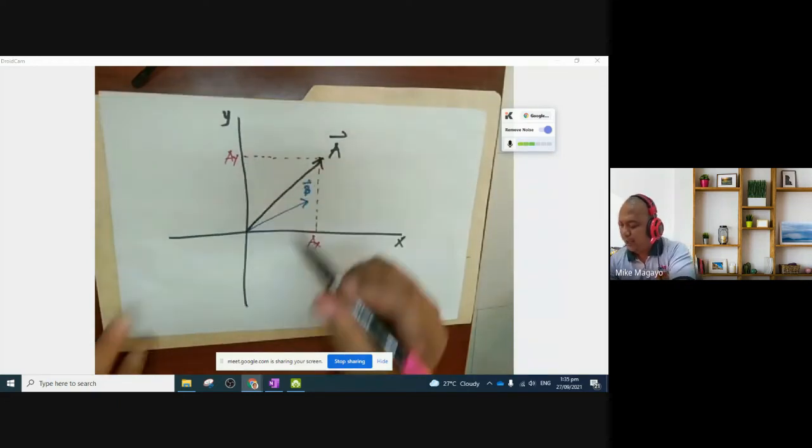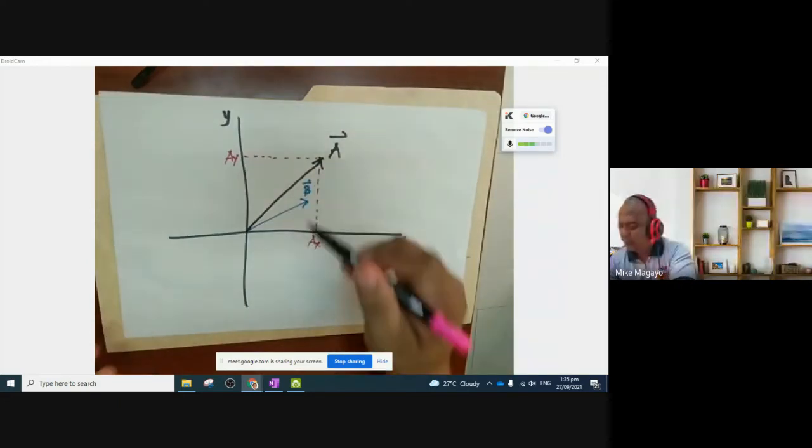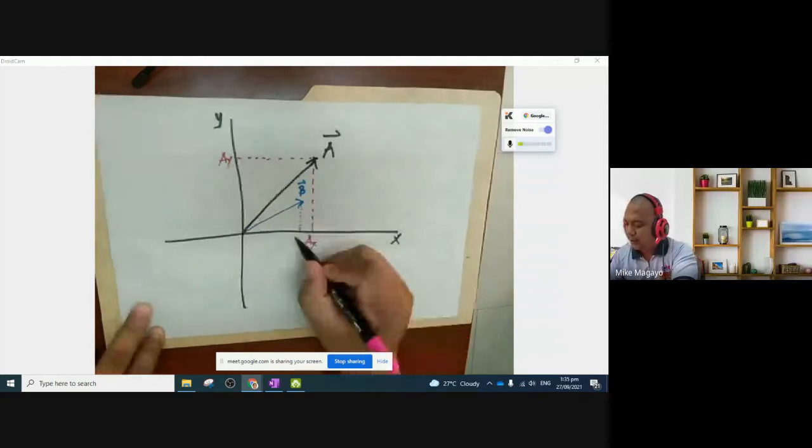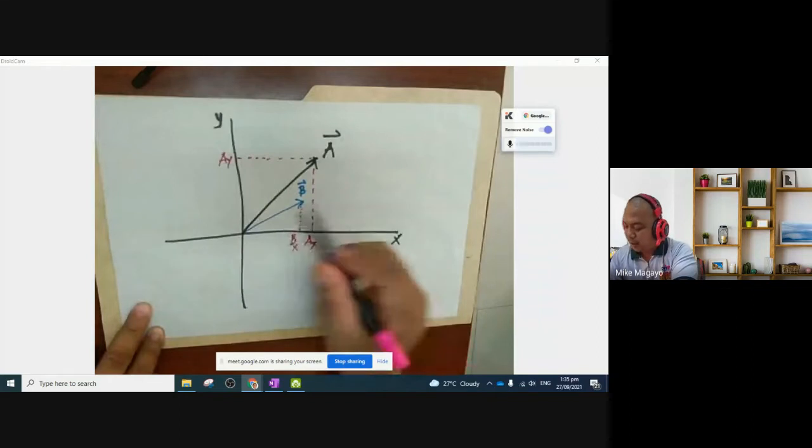Now, for vector B, you also have its component along the x-axis, which we consider as Bx, and this would be By.